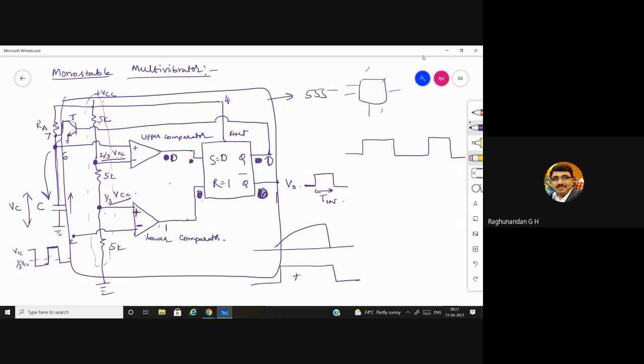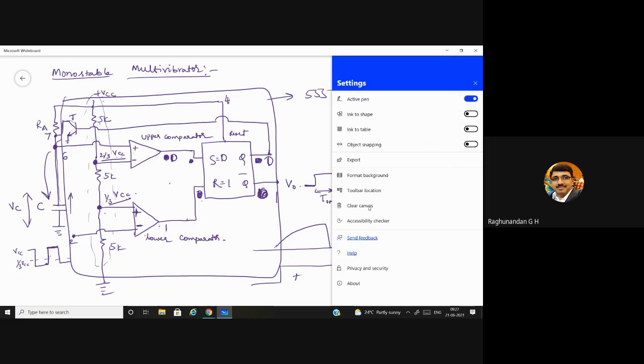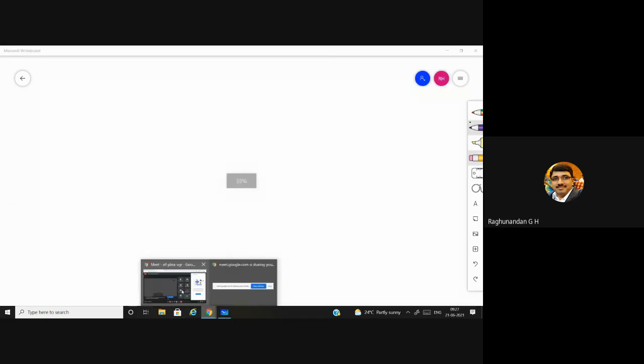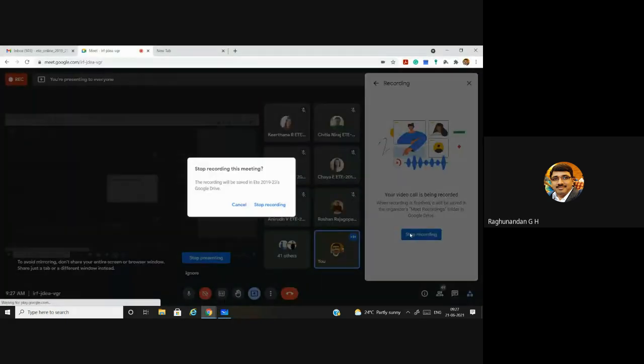This is a very small chapter. Mainly, this chapter is based upon the astable and monostable multivibrator and their small applications. So just try to understand this. In the next class, we will go to the derivation part. I'll be asking about the working of it tomorrow individually.